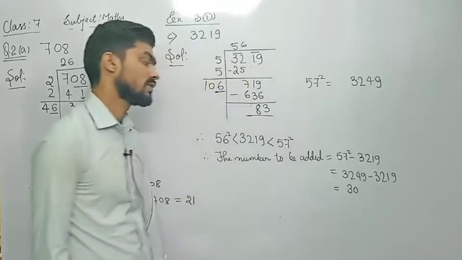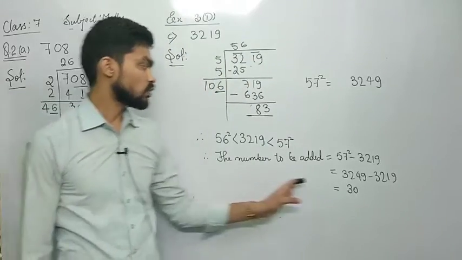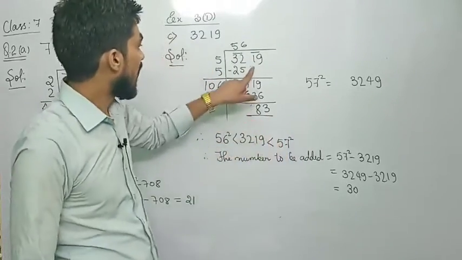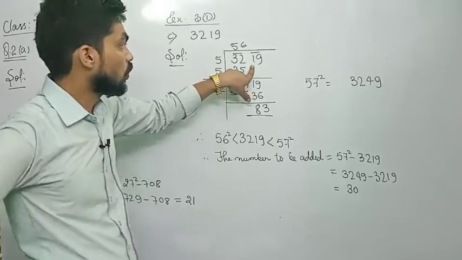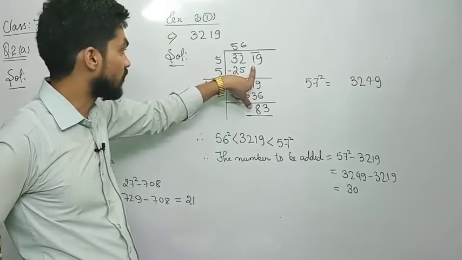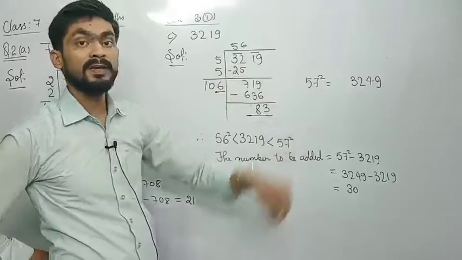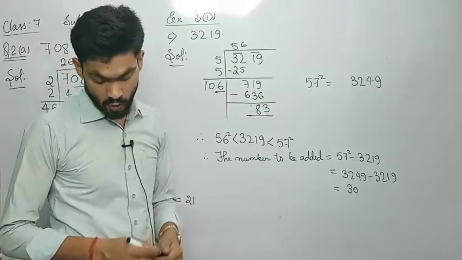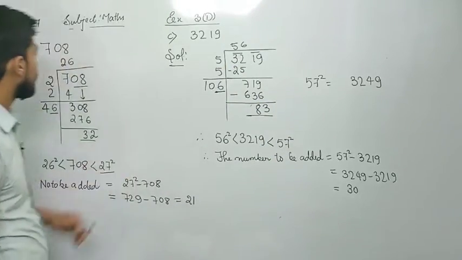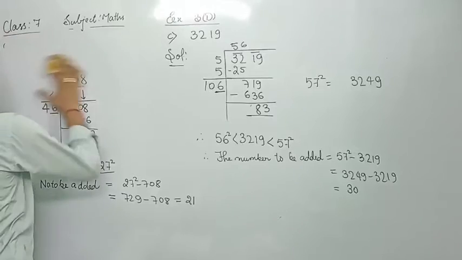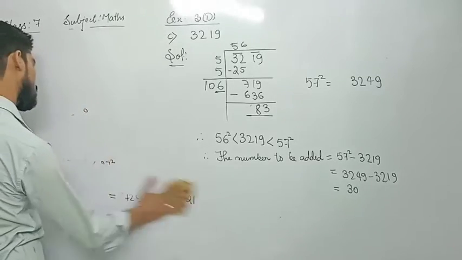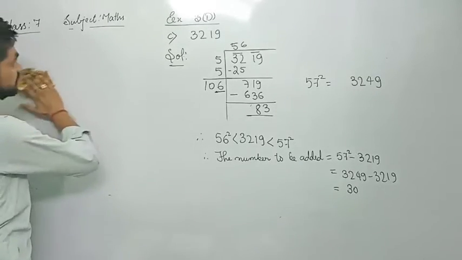Which number should you add in this? If you add 30 in this, you will get 3249 and that will be a perfect square. I hope you got the method. You can write in this manner. Let us go for the next question solution. What does it say? Let us see.